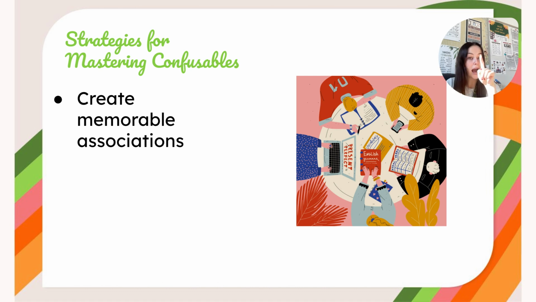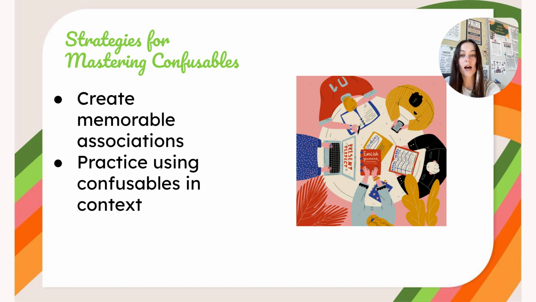When there's an I in it, that means that there's a possession, like I own something. Contractions, when there's an apostrophe, right? You are, they are, it is, right? So create memorable associations. That's something that's been beneficial for me, and I'm sure will be beneficial for you.